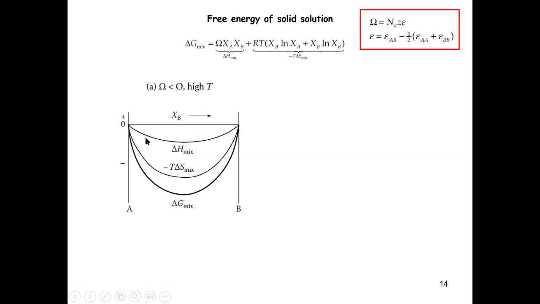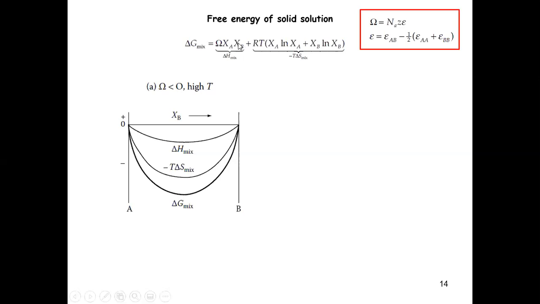So what is the mathematical form for this curve? Do you have an idea? Is this parabolic or logarithmic or whatever? What is the mathematical form? Logarithm? This delta H mix? We know this delta S mix is logarithmic, right? But what about this delta H mix?